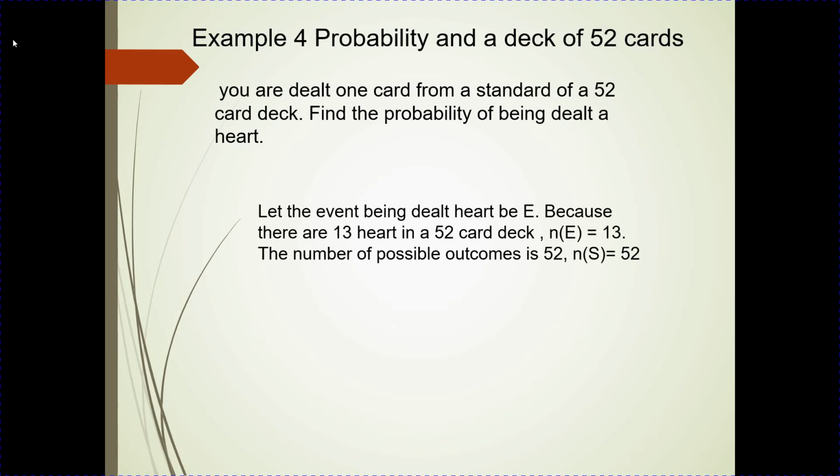So the number of events will be 13, and the total number of possible outcomes, or the total sample space, is, as you know, 52. Therefore, you just take the ratio of 13 to 52, and you will get the probability of being dealt a heart, which is 1 over 4. So this is example 4.